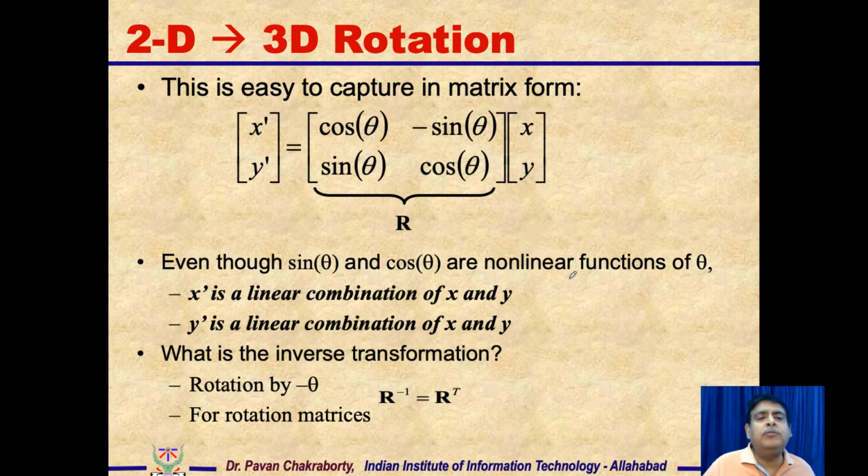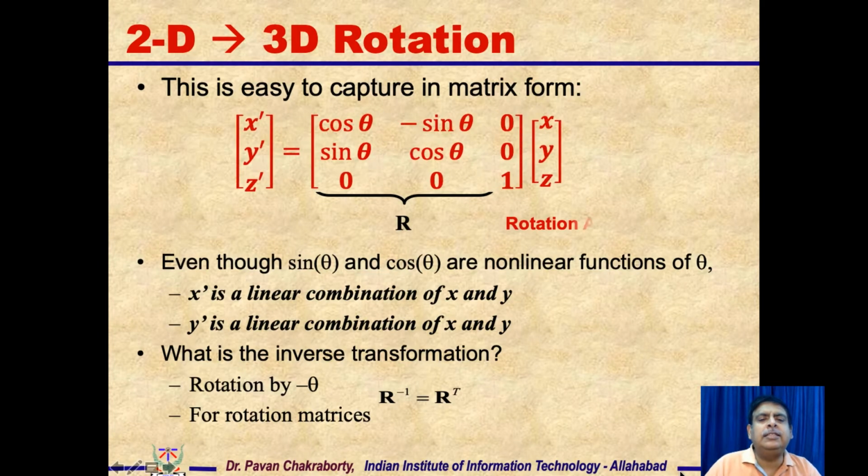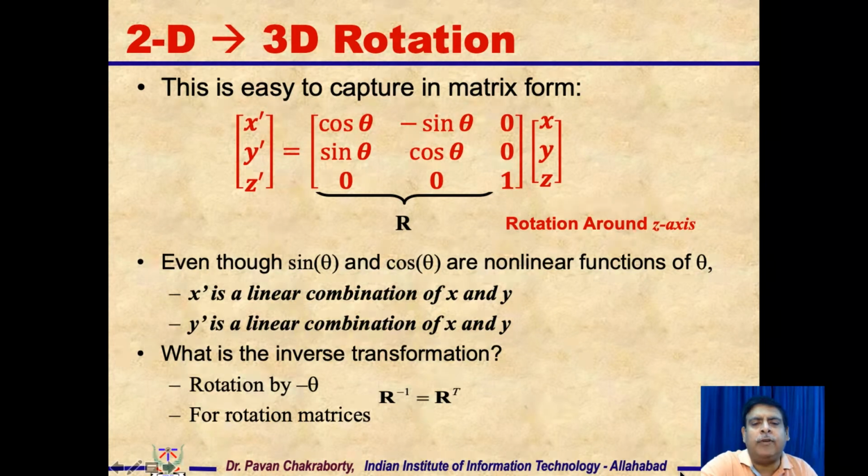Now if we try to move from a 2D to 3D coordinate system, it essentially means that the rotation is in the two-dimensional plane, but the rotation axis is the z-axis. So the matrix remains similar, but I add a z column, where I have 1 for z. So z prime is equal to z.